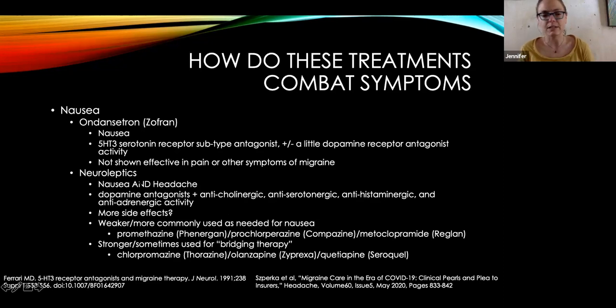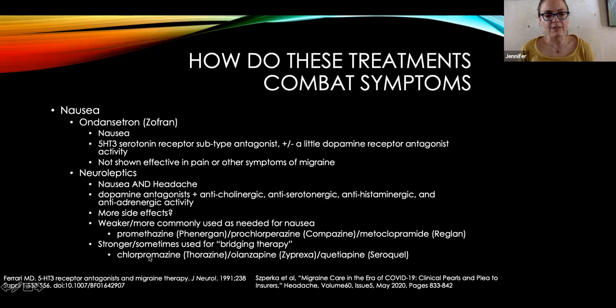They target that dopamine receptor pathway, but they also slop over to target a bunch of other different pathways. And we think that to some extent it may have some side effects that we don't want. So the con is that you might get some side effects. The pro is that maybe you're going to help the headache itself and not just the nausea.